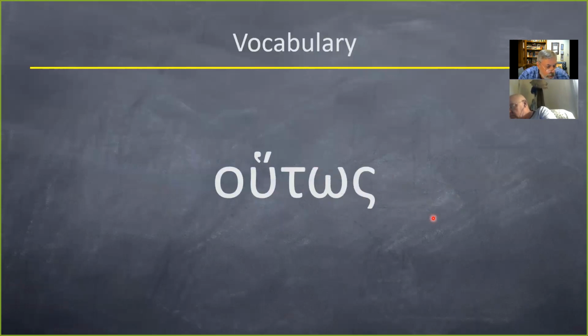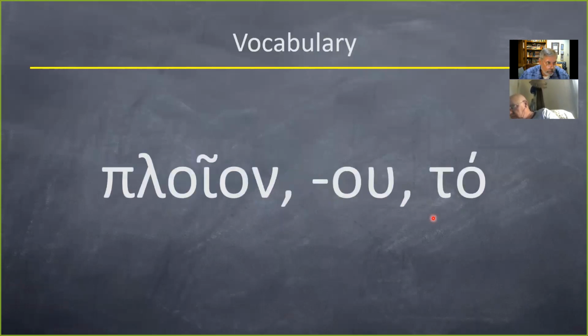Houtos, meaning thus, so, or in this manner. We actually had this word already in our homework, and it means, of course, city. Or no, I'm sorry, it's a different word. This is a ship or boat. Oh, I had it backwards. Ploion, ploiou, to.